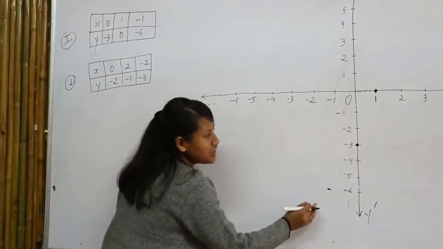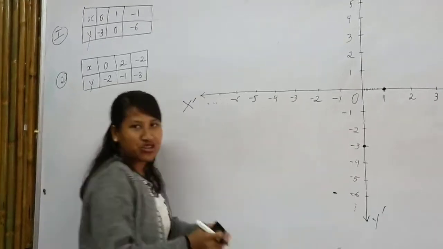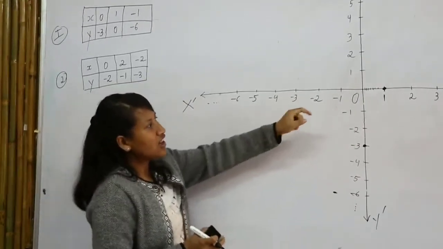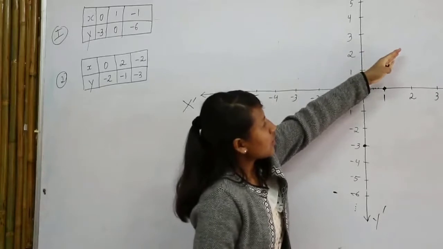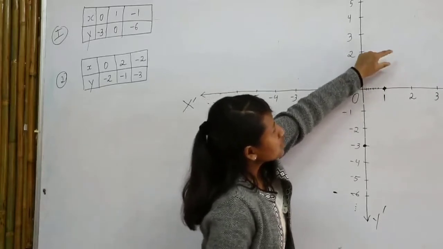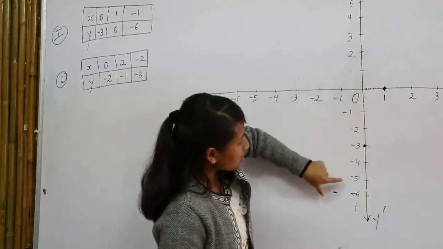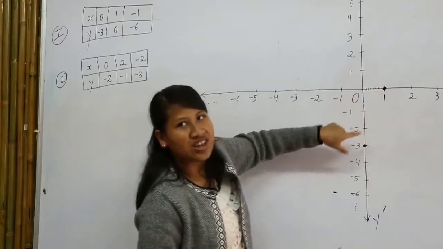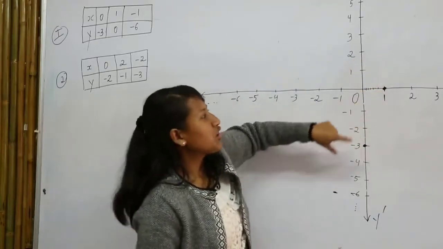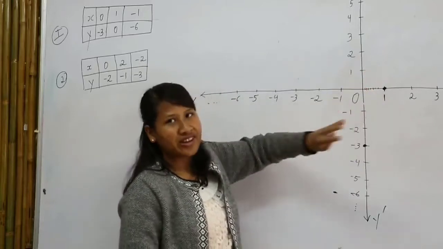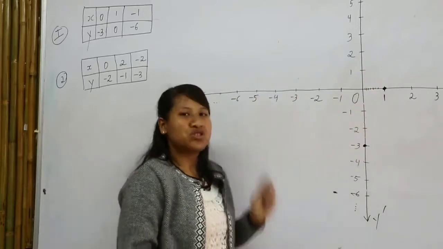So after this, you check. You take a scale. Try to see whether, when you join these points, you get a straight line or not. If you get it, that means it's correct. If not, then we have to check it.